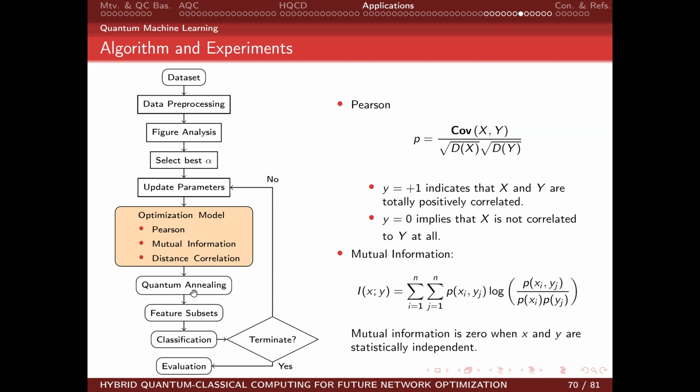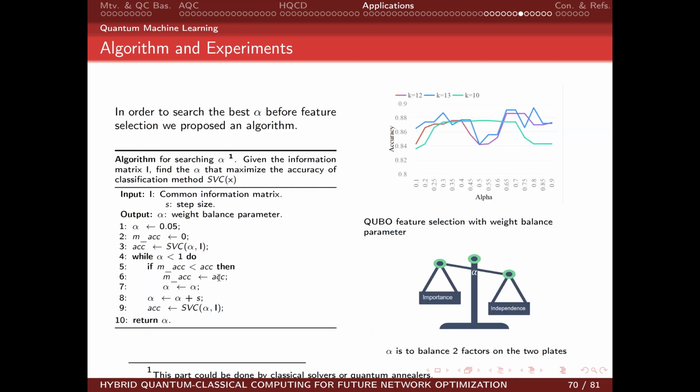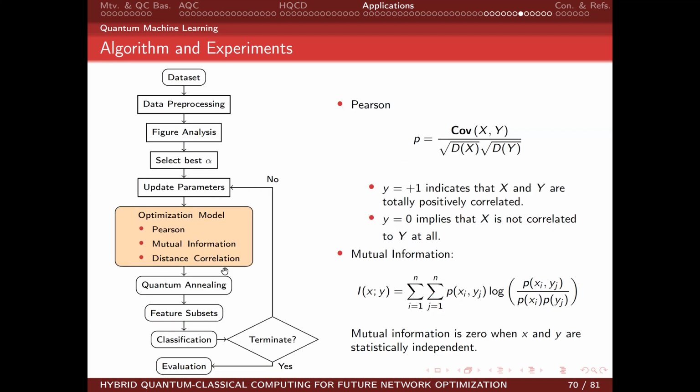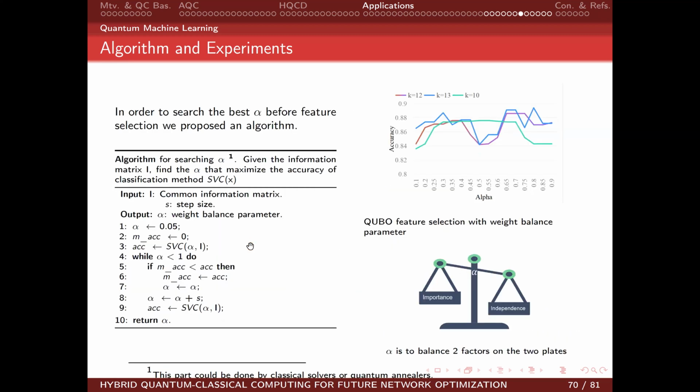So this is the process of how we implement our algorithm. When we design our algorithm, one important parameter is alpha. How do we choose the weight for the importance of the features and the independence between the features?